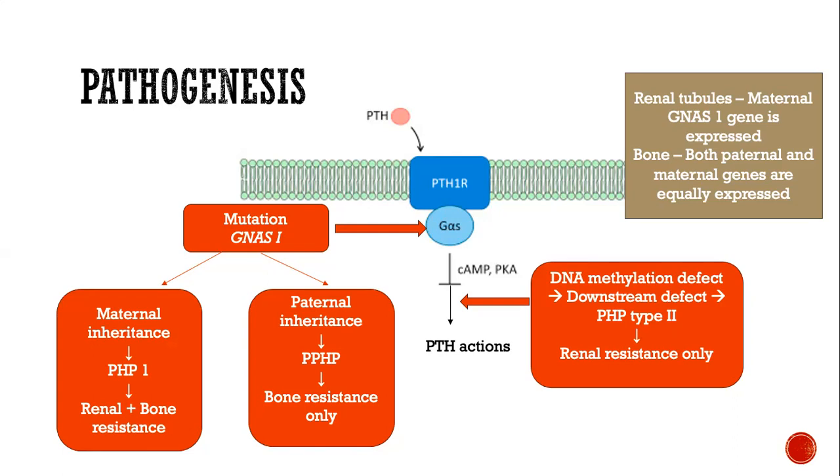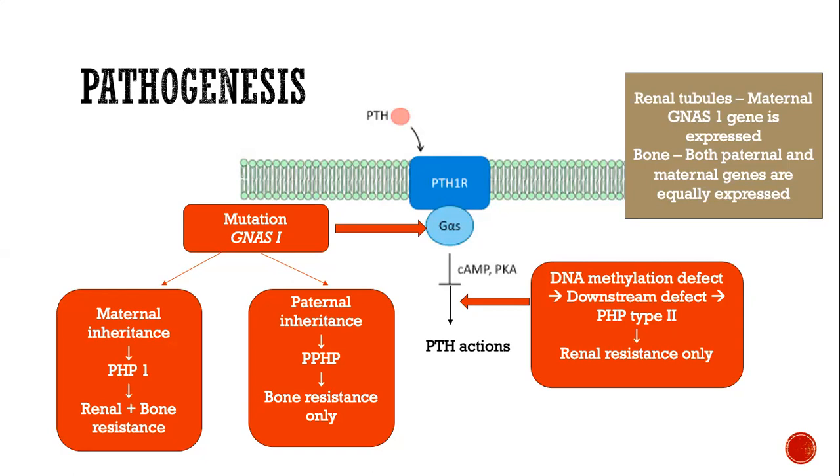So they have both the AHO phenotype as well as these hormonal features, increased PTH in this case. If the mutation is inherited paternally, there occurs pseudopseudohypoparathyroidism, where there is bone resistance. So they have the AHO phenotype, but there is no hormonal imbalance.